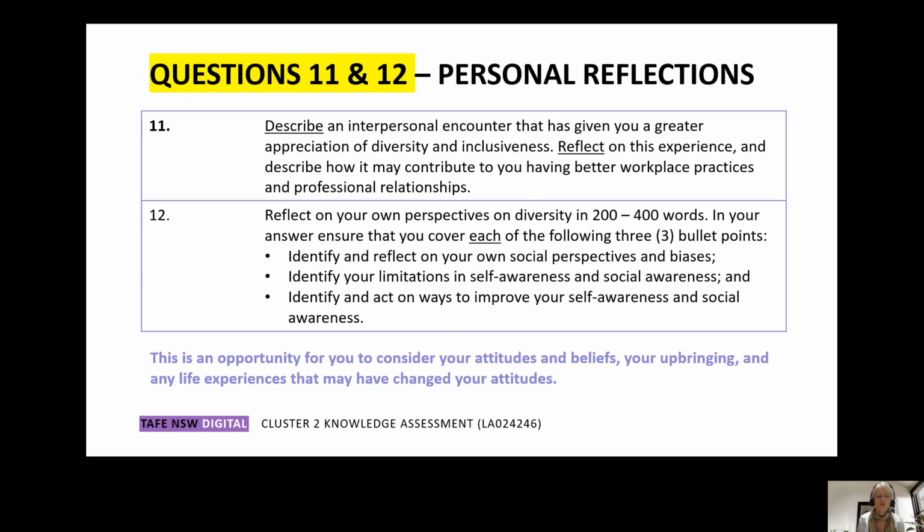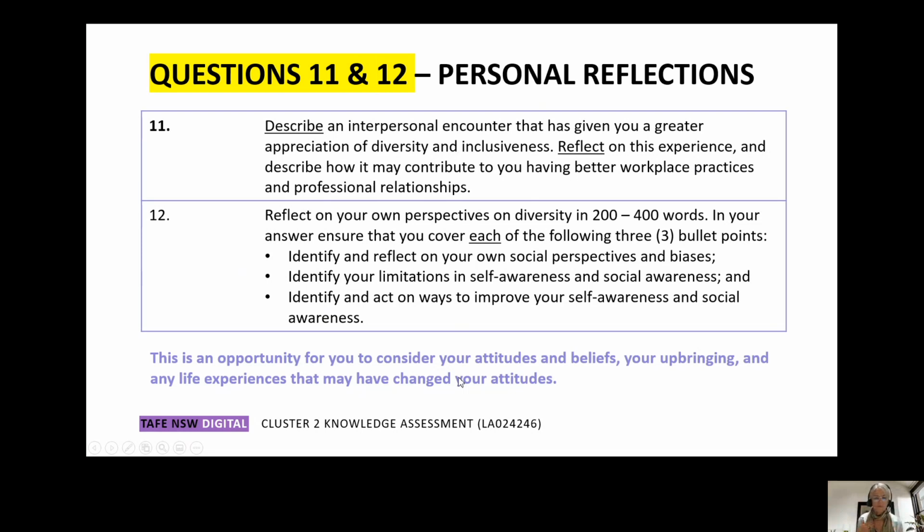What particular cultural group do you need to learn more about? Do you need to do some research to strengthen your understanding of that group? So, part 2 of this question, you need to identify the limitations, and then identify and act on ways to improve your self-awareness and social awareness.